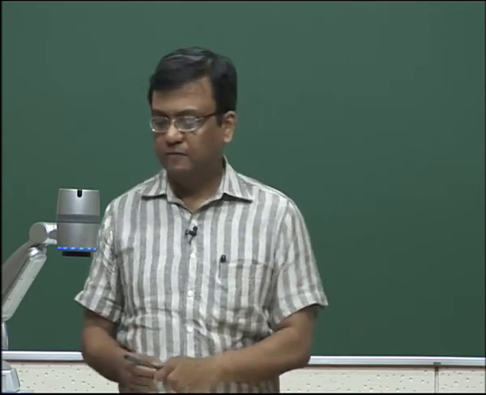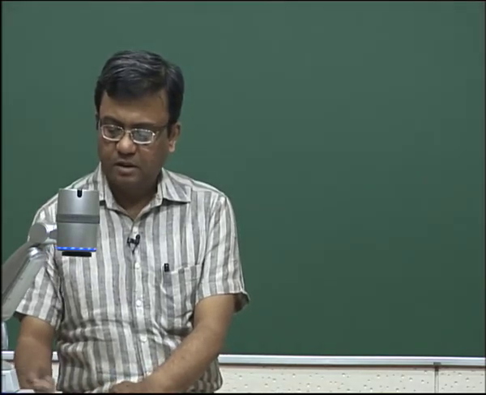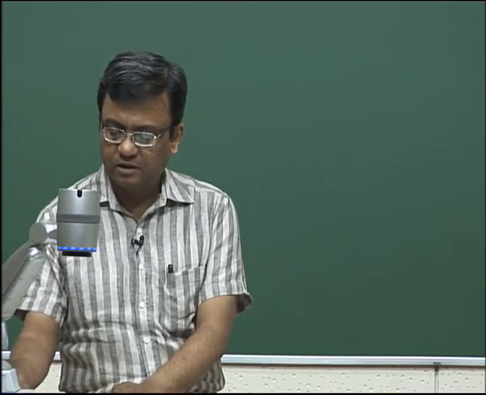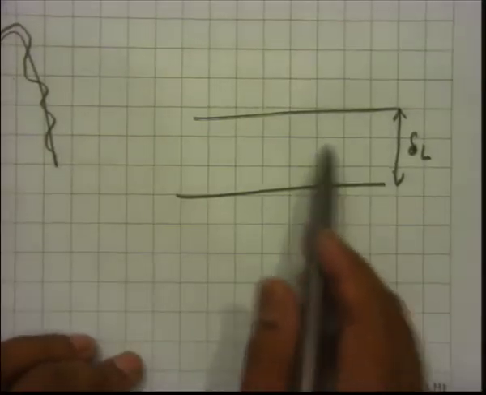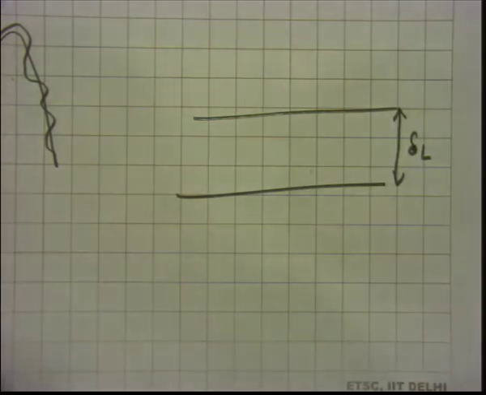Okay? So, if there is a thick flame, suppose this is the flame thickness, suppose this is delta L, right. I am talking not about the wrinkled reaction sheet regime now, but just a general flame which has a thickness of delta L. Now, if the turbulence length scales are small compared to delta L, what will happen?